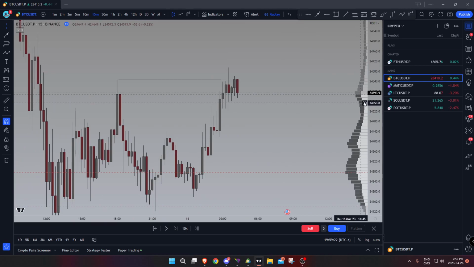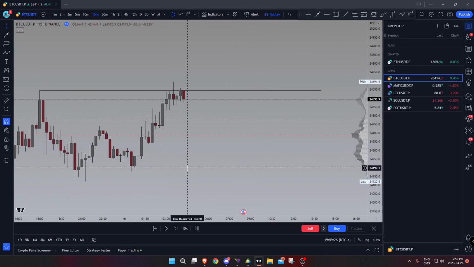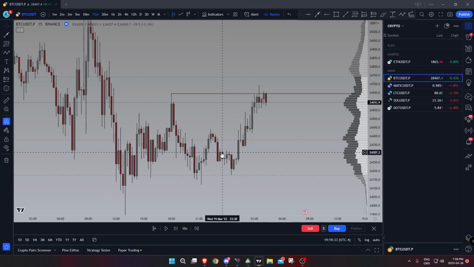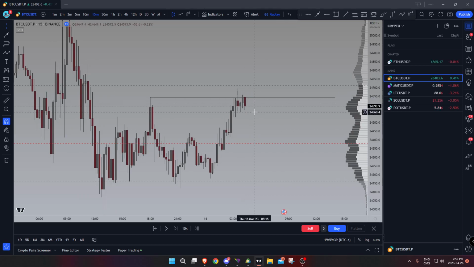Now I'm looking for any possible order block that could have been vetted from this move up, right? Because we have our move down. I'm looking for the last down candle before we start our move and the break of structure that happened here.